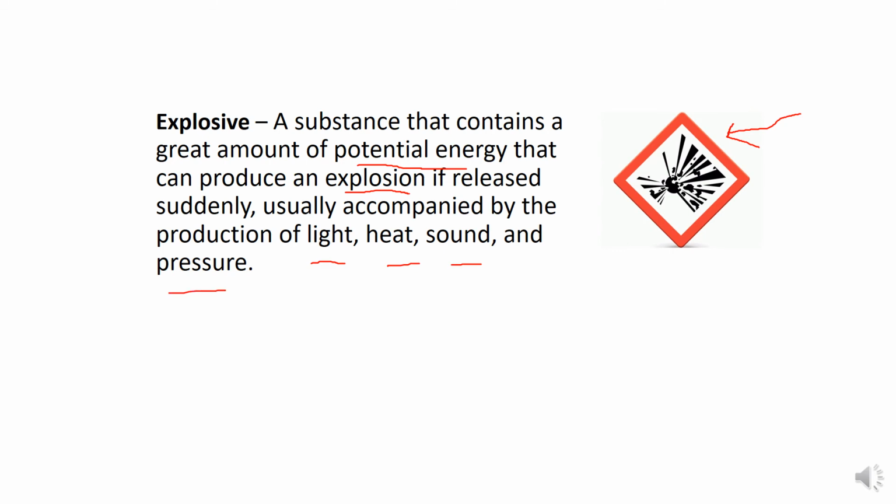That's called an explosion. Some substances also have these kinds of properties. So it is always mentioned with this pictogram that the chemical has explosive properties. Of course, we should be more careful about the handling of these chemicals.